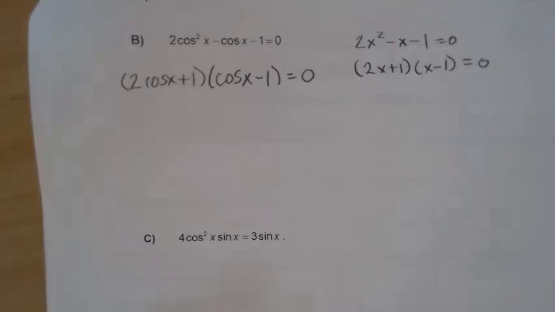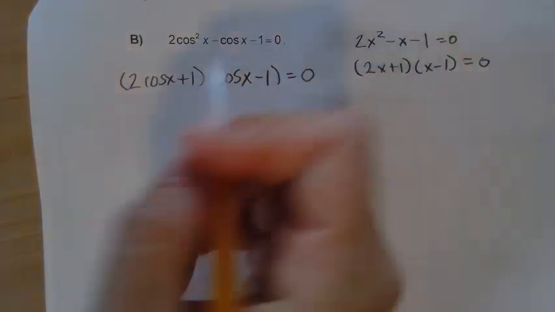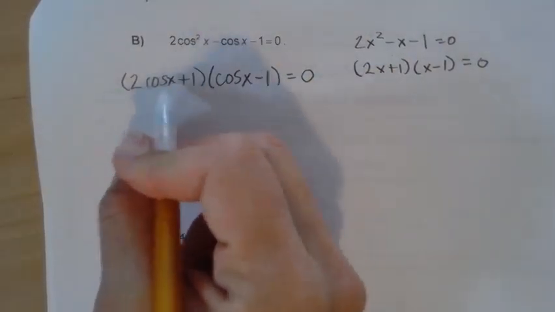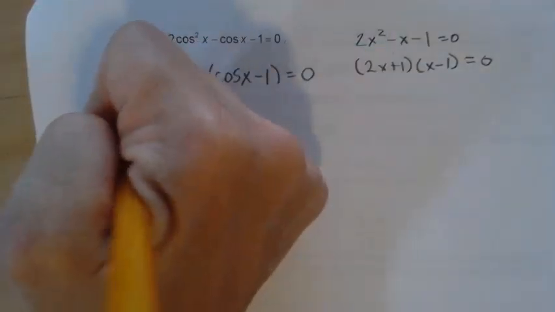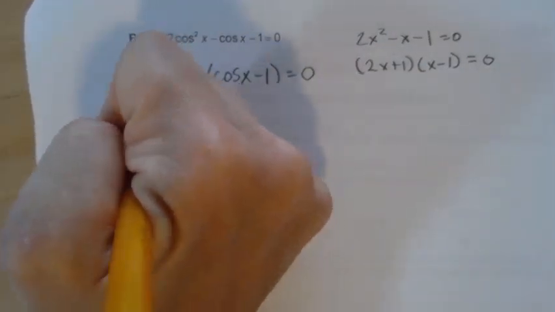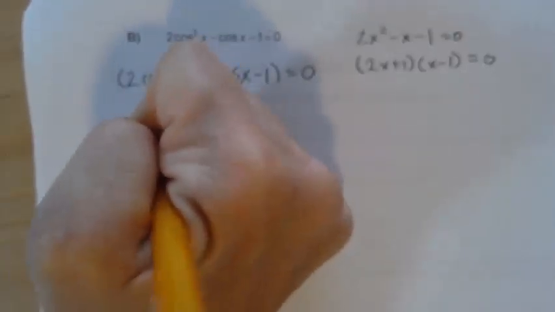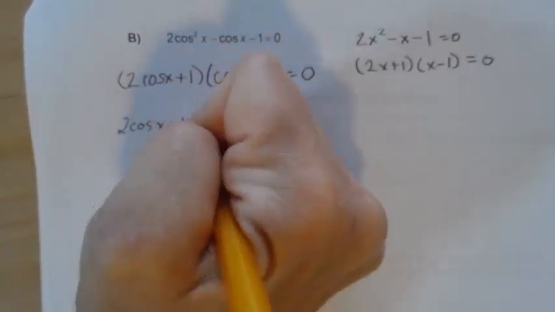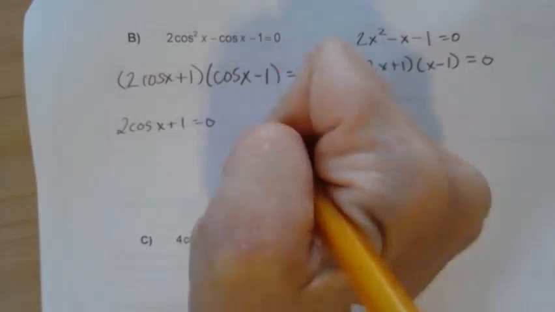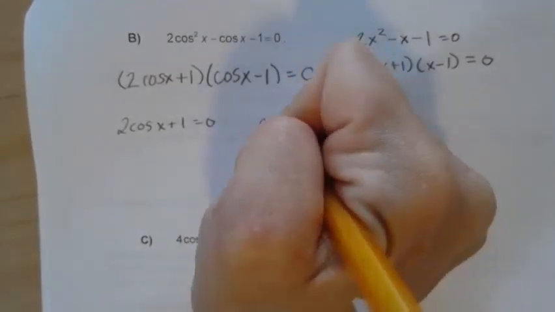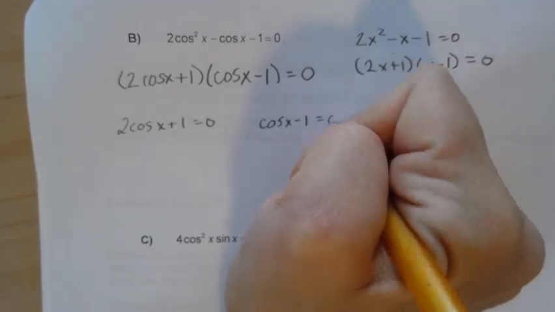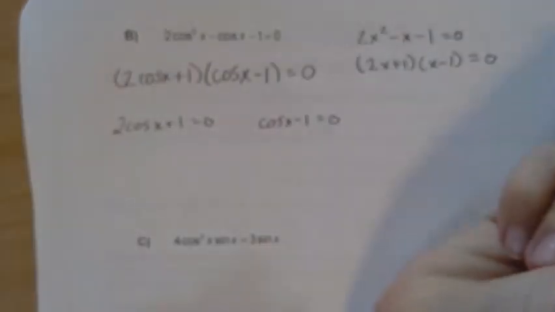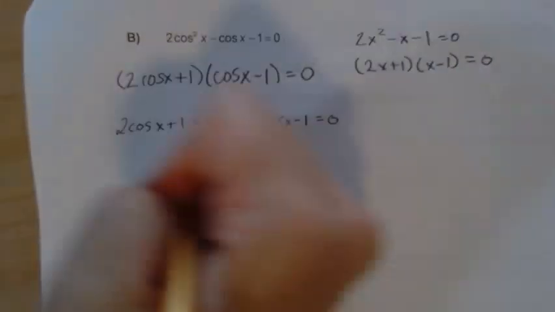Now, because we have 2 parts, I'm going to split, because we want to set this equal to 0 and this one equal to 0. So I have 2 cosine x plus 1 equals 0, and I have cosine x minus 1 equals 0. I'm going to solve for the trig function.